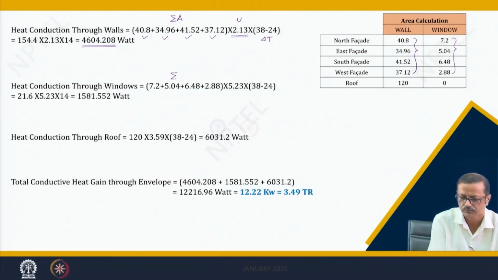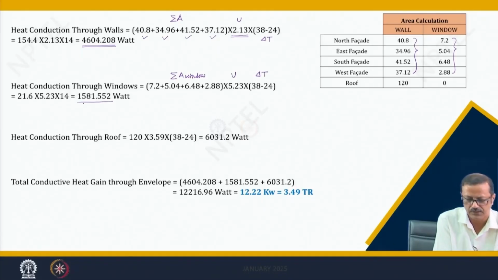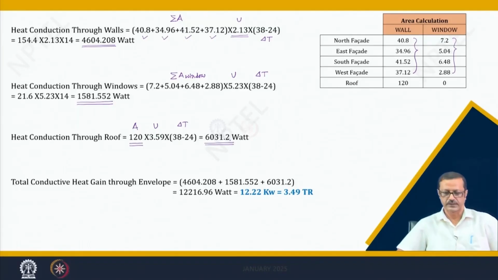So, this is the area of the window, and this is the U value of the window, this is the same delta T, and the value is 1581. The heat conduction through the roof: 120 is the area. This is only one patch of roof, this is the U value of the roof and delta T. So 6031 is the heat gain through the roof.